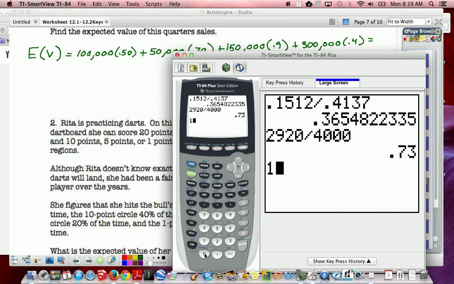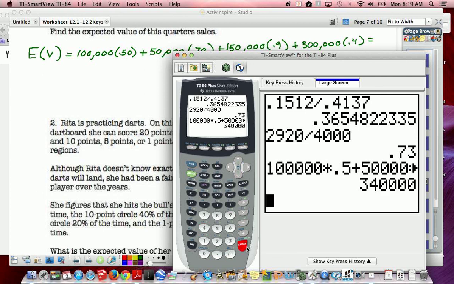So we're going to take 100,000 times 0.5 plus 50,000 times 0.7 plus 150,000 times 0.9 and one more, 300,000 times 0.4.